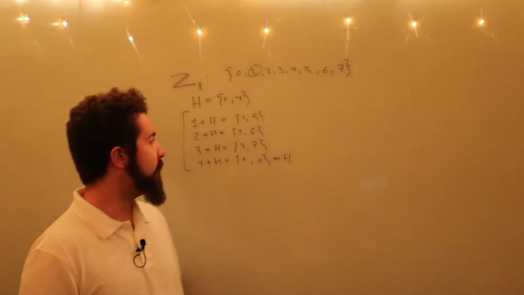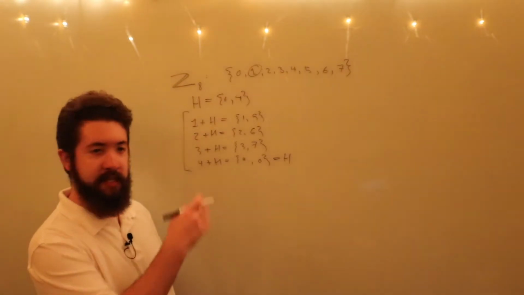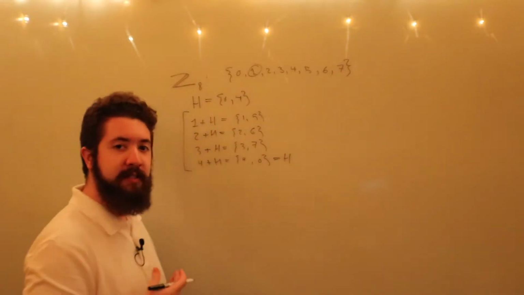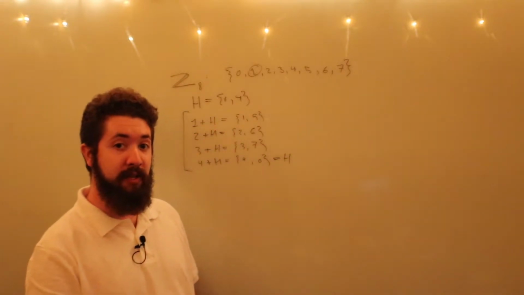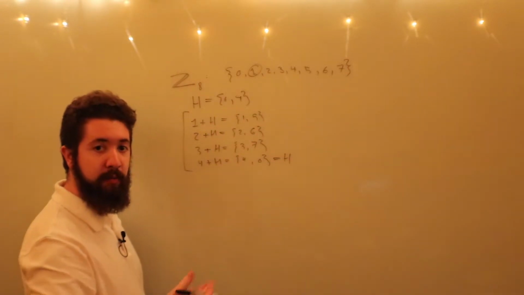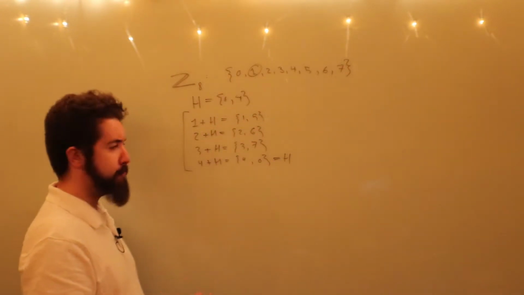Now likewise, we can form right cosets of H in Z8, and we can do this just by adding on the right. But since addition modulo 8 is commutative, we notice that adding on the left and adding on the right by this one element is not going to change anything.